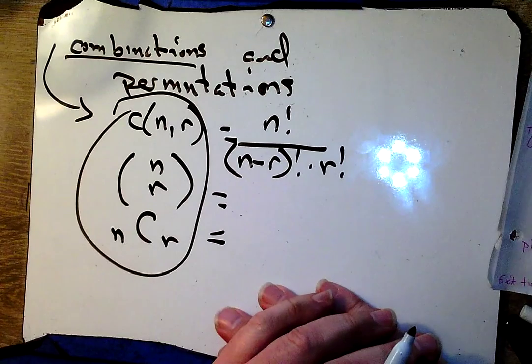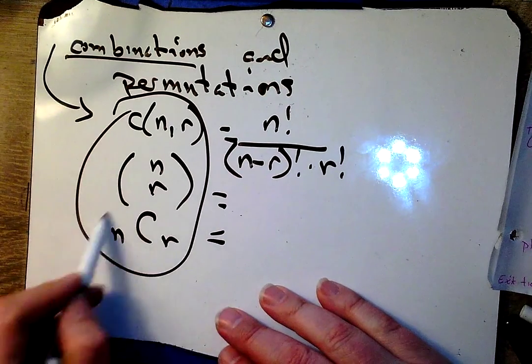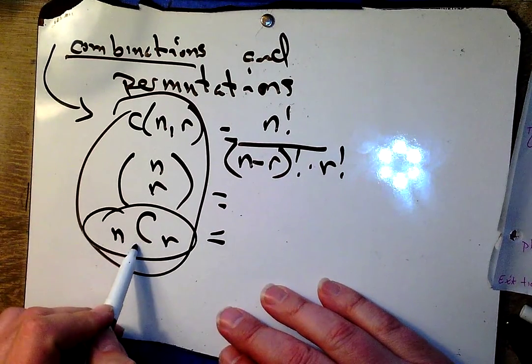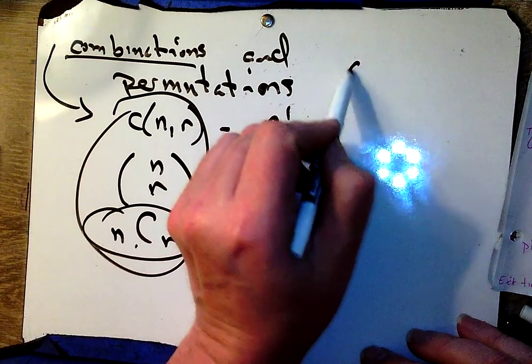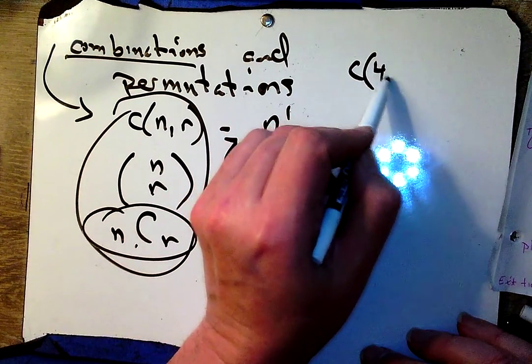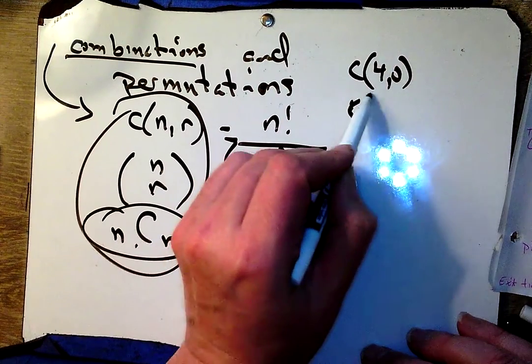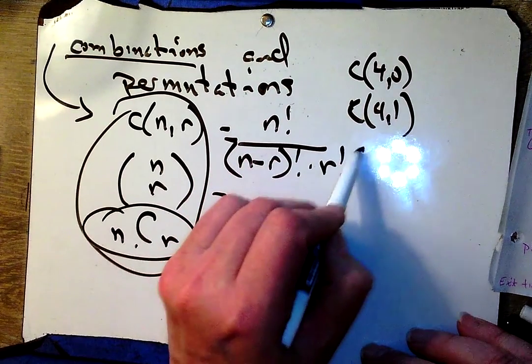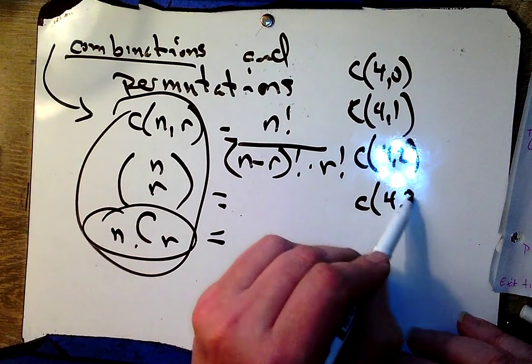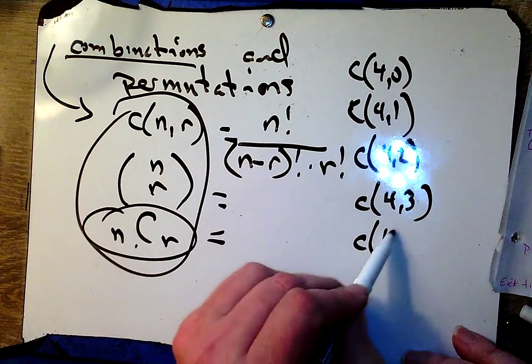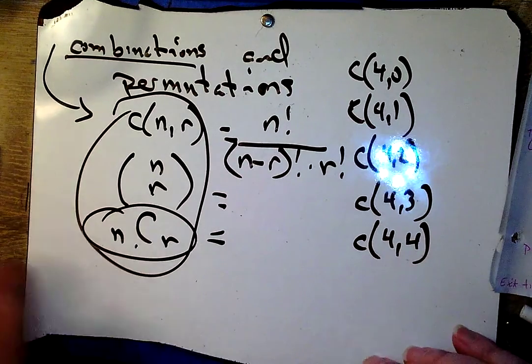So could you do me a favor and use your calculator to find the following? I want a combination of 4 choose 0, combination of 4 choose 1, combination of 4 choose 2, combination of 4 choose 3, a combination of 4 choose 4. Okay, and how do I do that?